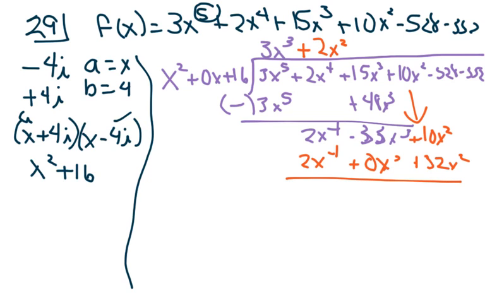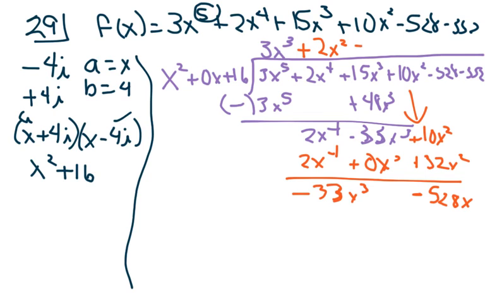Alright, now I'm going to scoot over a little bit because I'm running out of room. From here, let's see, did I do this right? Yeah. So we subtract, and we're going to get negative 33x cubed, and then negative 33x squared, and then we're going to bring down the negative 528x.